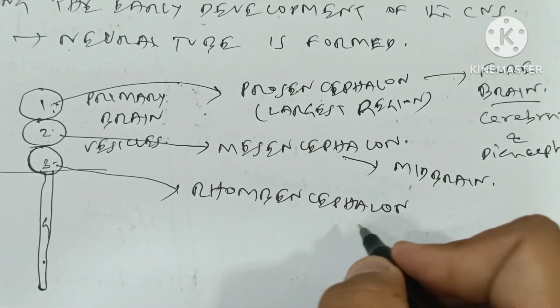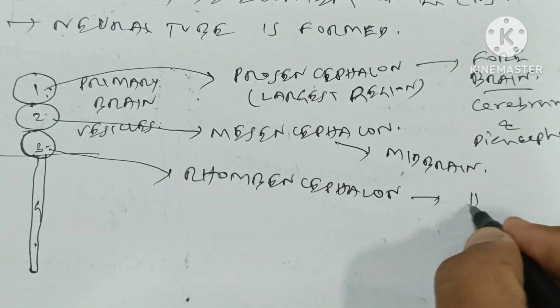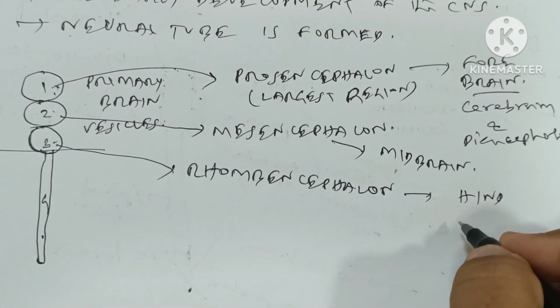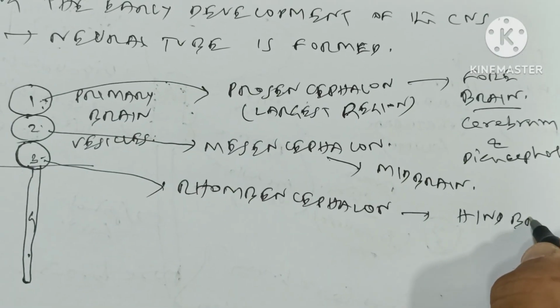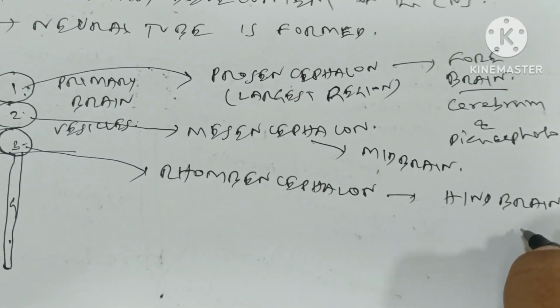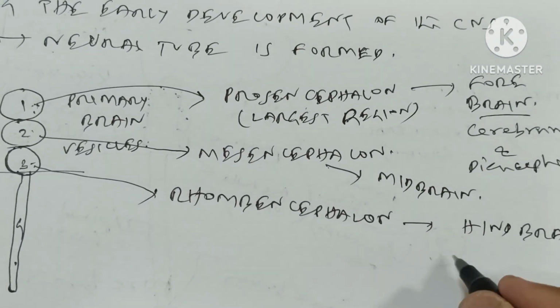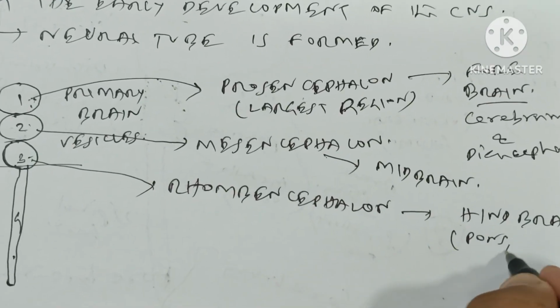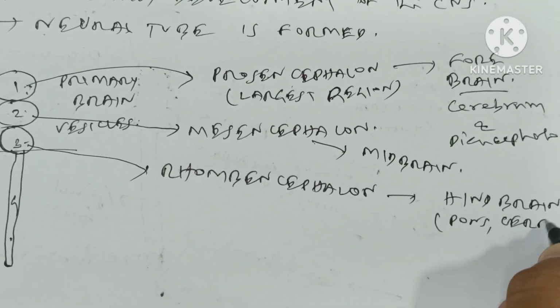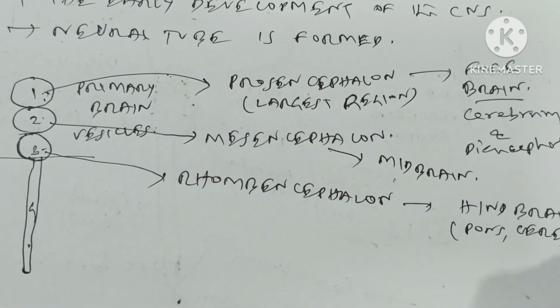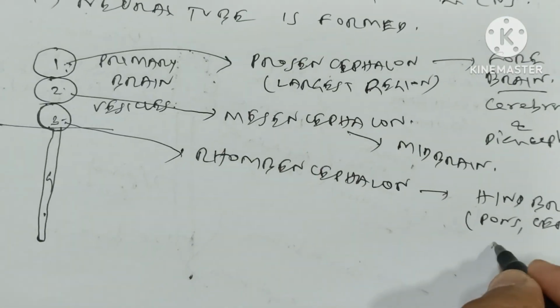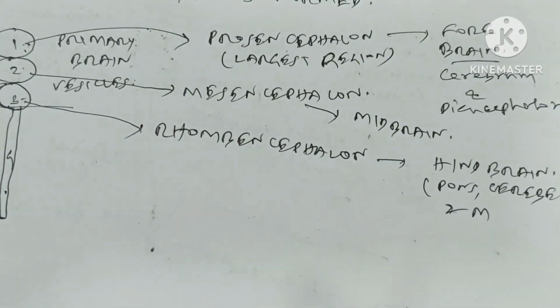This rhombencephalon will later form the hindbrain. We already know that the hindbrain comprises the pons, cerebellum, and medulla oblongata.